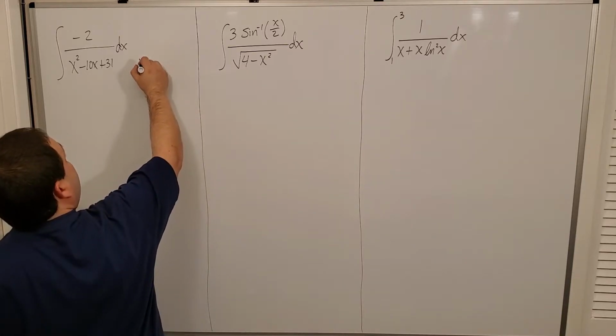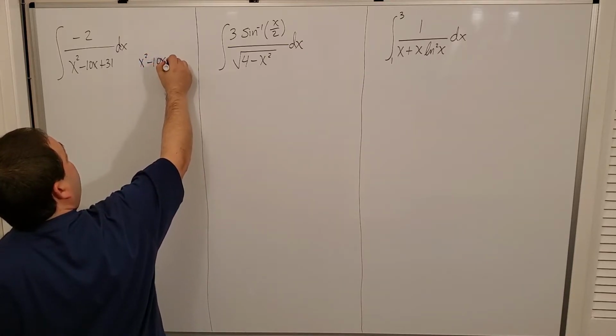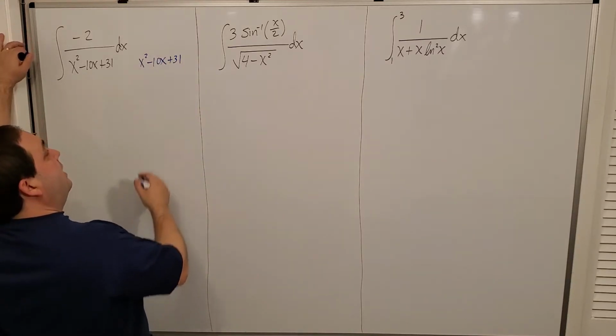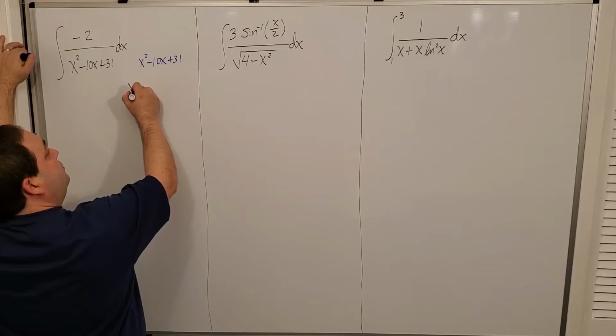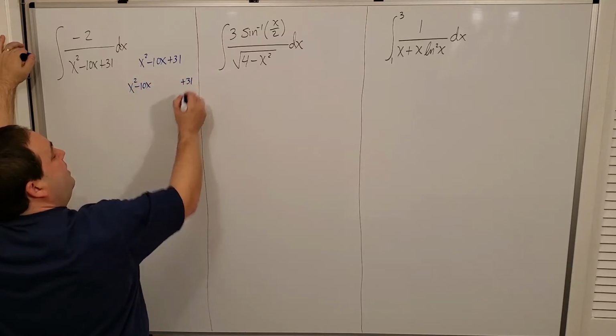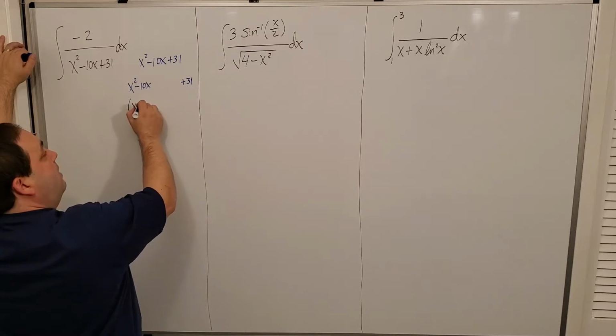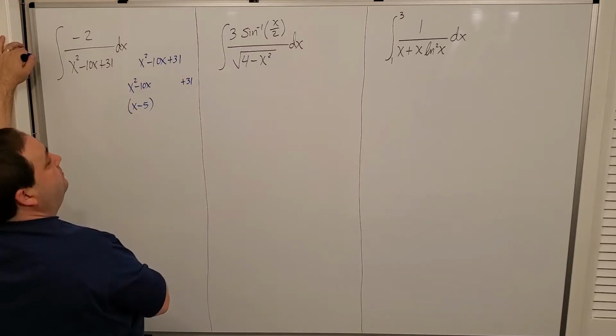So I've got my x squared minus 10x plus 31. And I want to complete the square on this. What that means is I'm going to take x squared minus 10x, and I'm going to separate that plus 31 out. I'm going to take half of the negative 10 as my parentheses, like this.